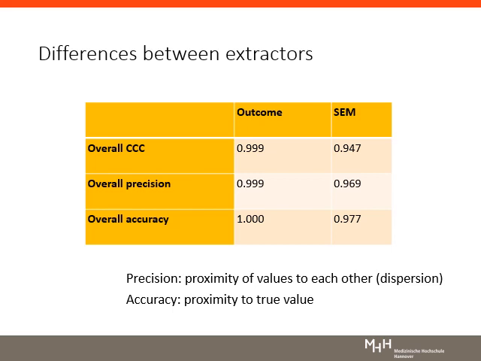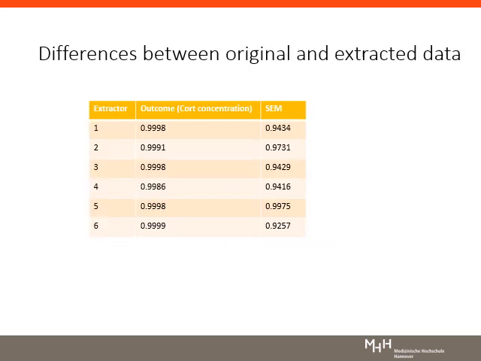And we see that the levels are a bit lower for the corresponding standard error, which makes sense because the outcome is a larger value and the SEM will always be a smaller value, so smaller values are more difficult to measure. We see the same for the concordance correlation coefficients for the individual extractors compared to the original data.